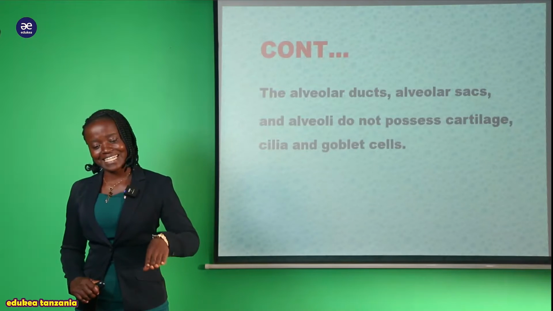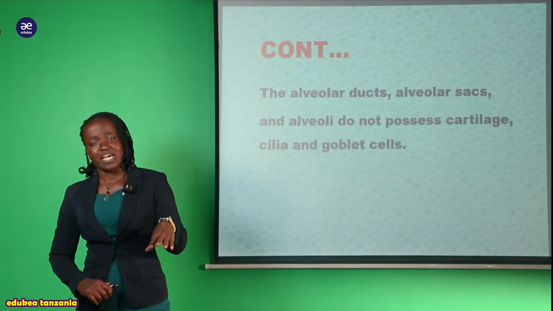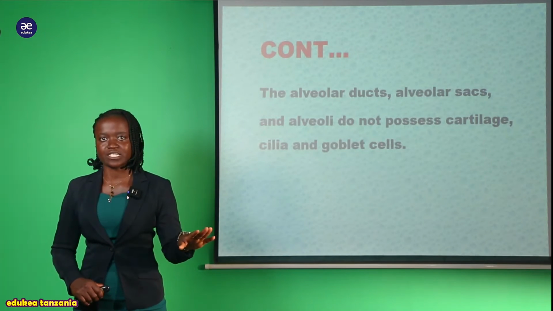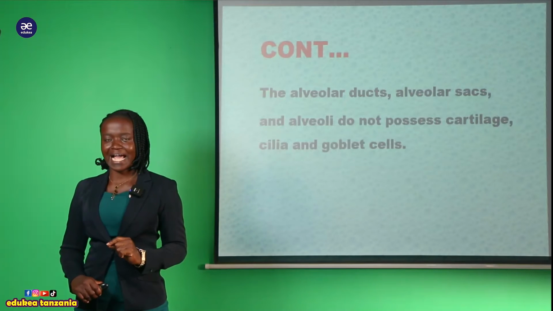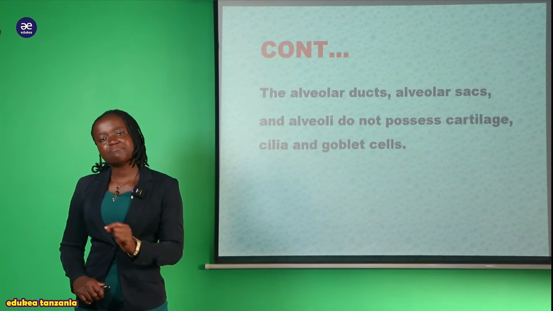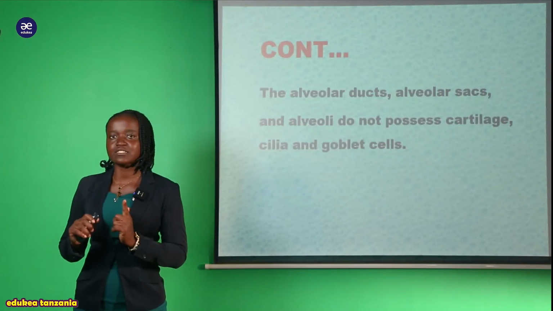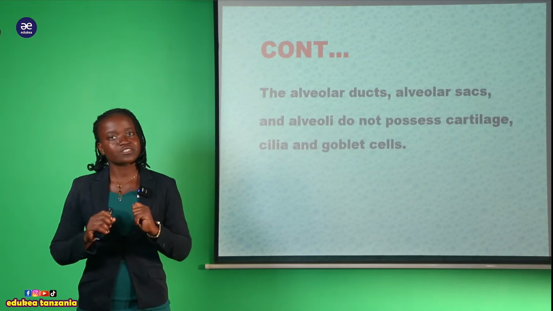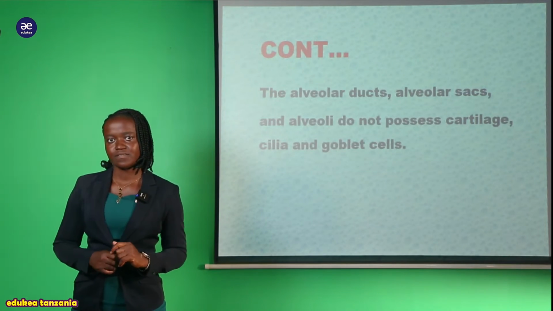So cartilage, goblet cells, cilia, and so on are found within the bronchioles and other parts. But starting from the alveolar duct up to the last part, which is called the alveoli, there is no cartilage, no cilia and no goblet cells.